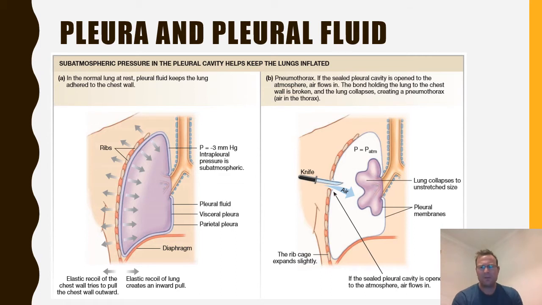We didn't really talk about it, actually, but one of your descriptors in your book asks you to describe the pleura. So I'm going to get my little marker out again.